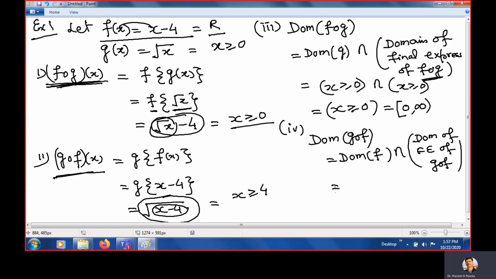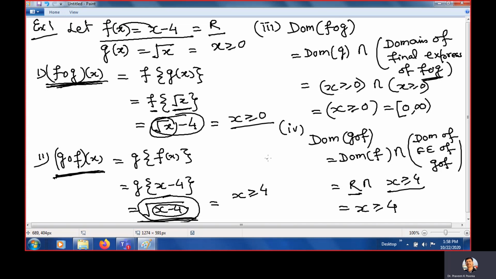Domain of F is R. Intersection. And what is the domain of G composition F final expression? Final expression is this one, greater than or equal to. Take the intersection because this is the bigger set, the universal set R. So whatever small set you take, the same will be the answer. So this is the domain.